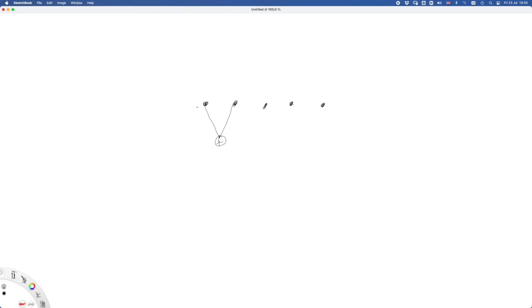Take the XOR of the first two. XOR that with the third. And so on.